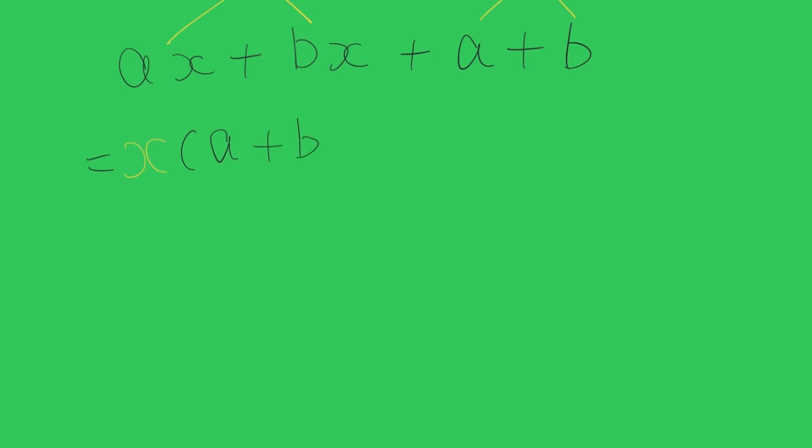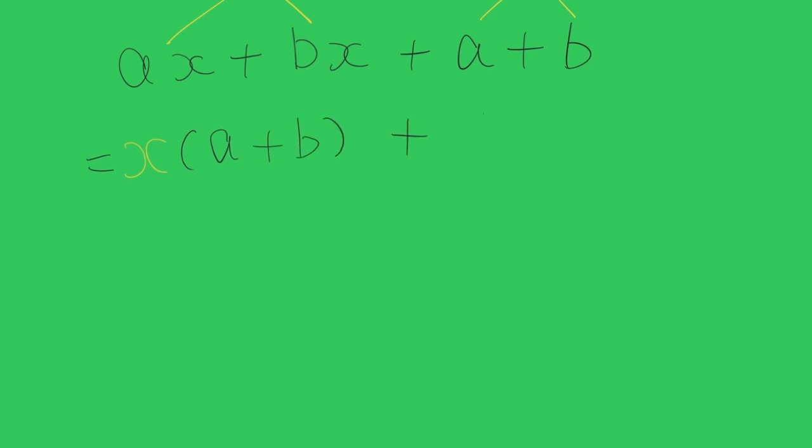Sometimes you do not see the common term, like let's say we got ax plus bx plus 1, like this. Now we are going to do the grouping on our own. We see these two terms, and when you look at them, there will be nothing between ax and bx except x. So we take out x, which means when we got x, then we got a plus b here.